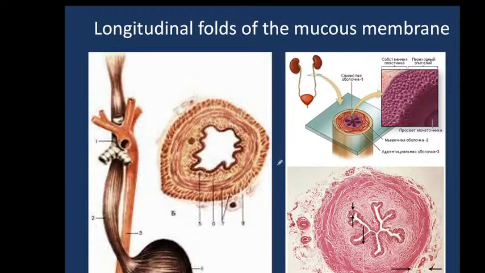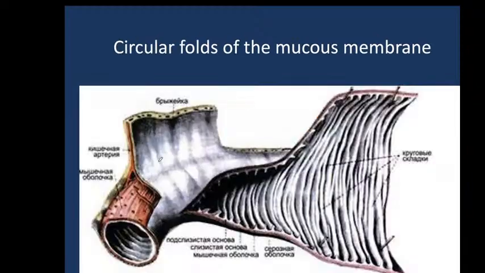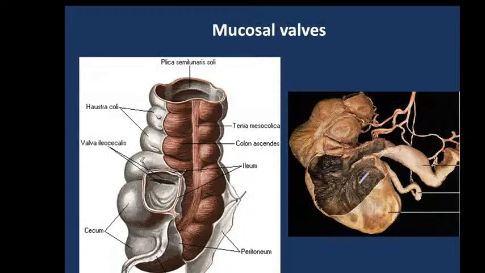Usually mucosa has different folds. It would be longitudinal folds like in esophagus or for ureters. It would be mesh folds like in stomach. It would be circular folds like the mucous membrane in our intestinum.